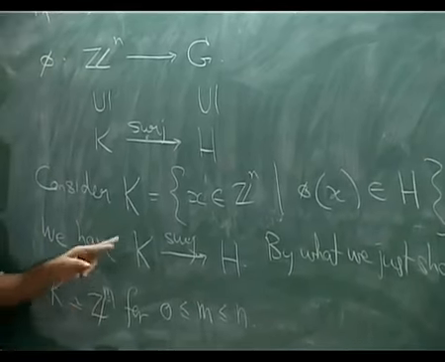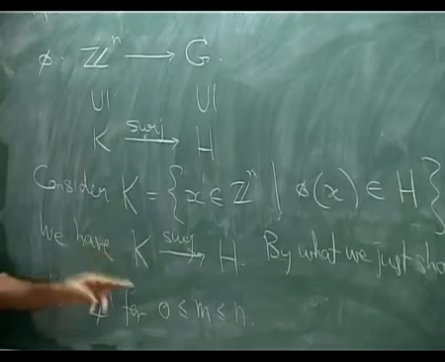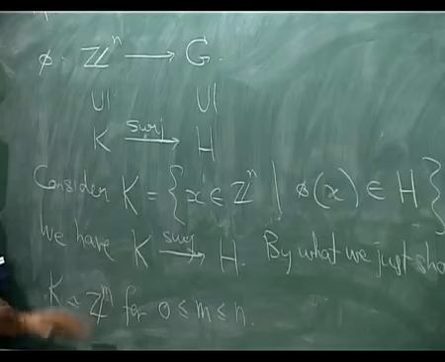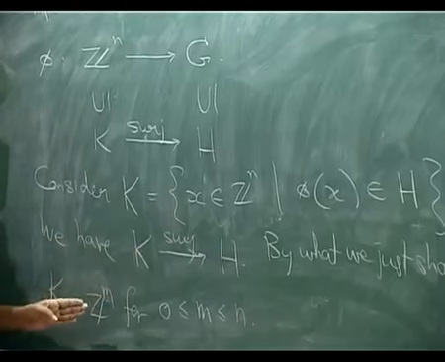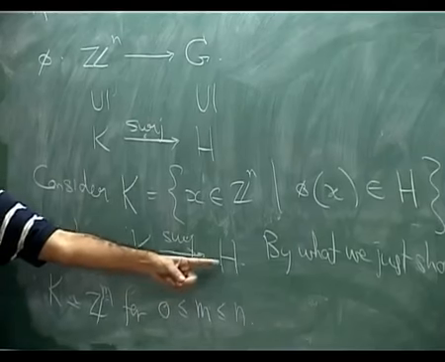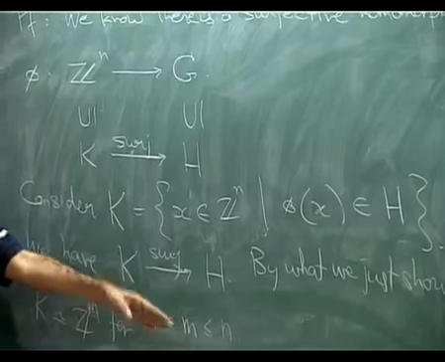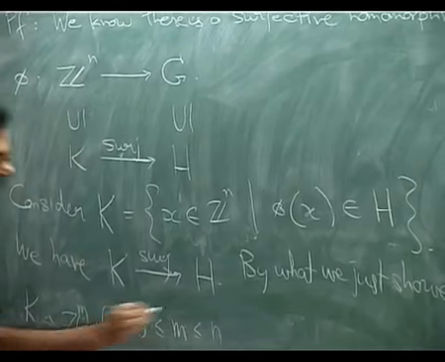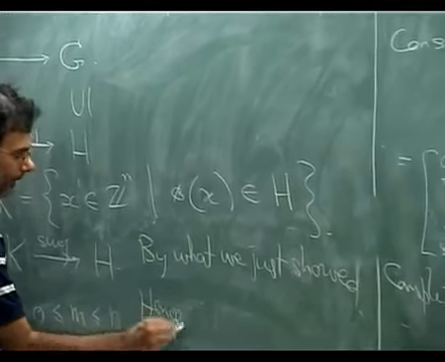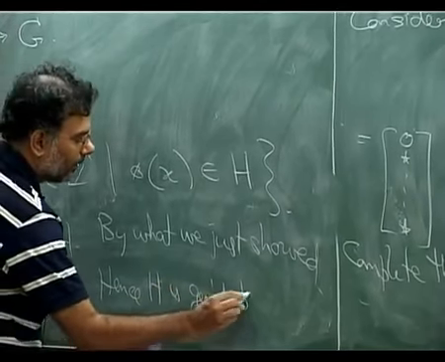What does that mean? If this is isomorphic to Z^m, I could take the images of E1 up to Em in H, they will generate H, because this is a surjective map. E1 up to Em generate here, and so their images will generate there. So that means H will be generated by at most m elements, where m is smaller than or equal to n, and that's what I have asserted there. Hence H is generated by m elements.